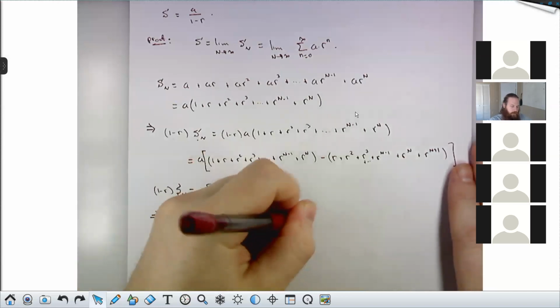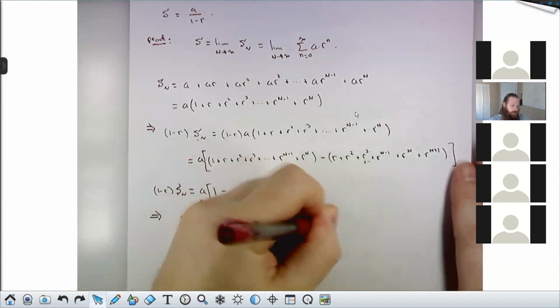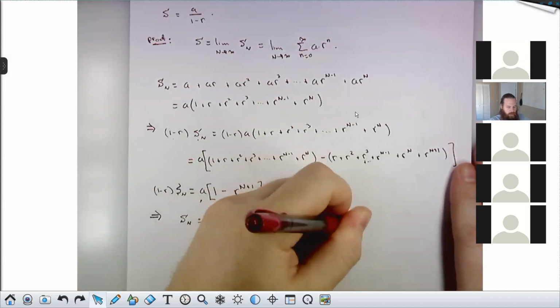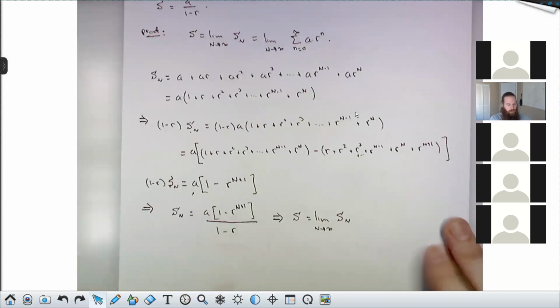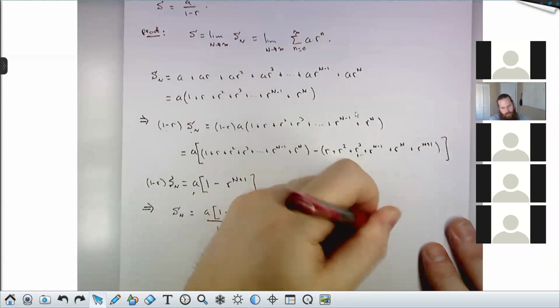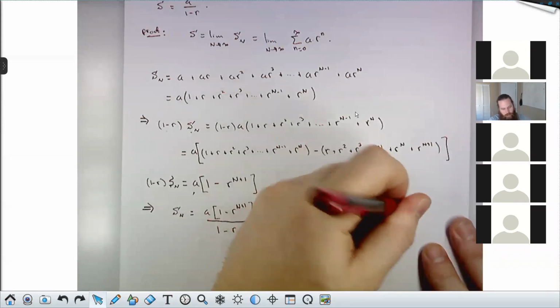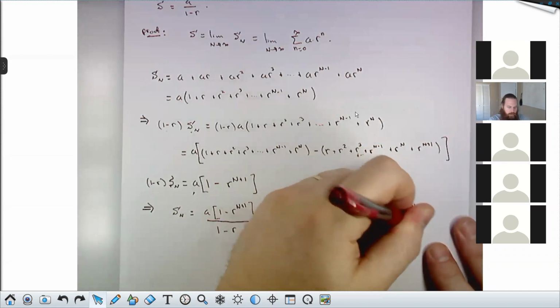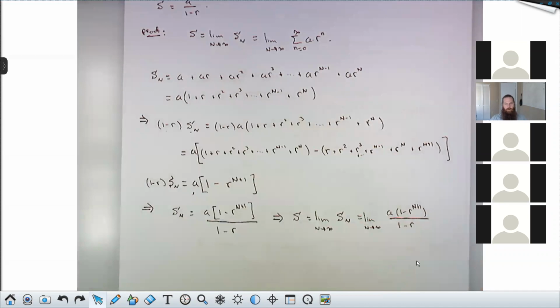So now the full infinite series S, remember, is the limit as cap n goes to infinity of Sn, which is the limit as cap n goes to infinity of a times 1 minus r to the n plus 1 all over 1 minus r. And now you have to think about what r to the n plus 1 does as n goes to infinity.